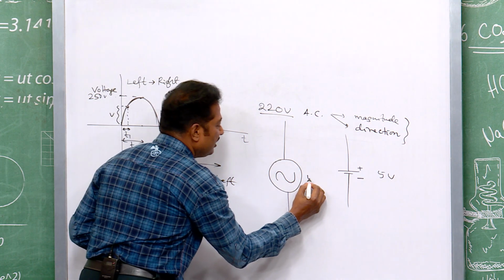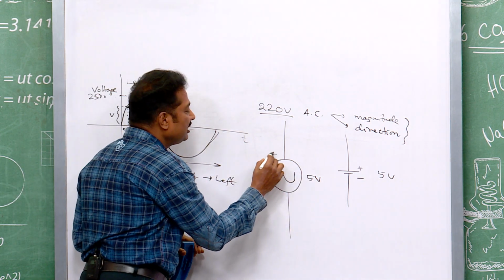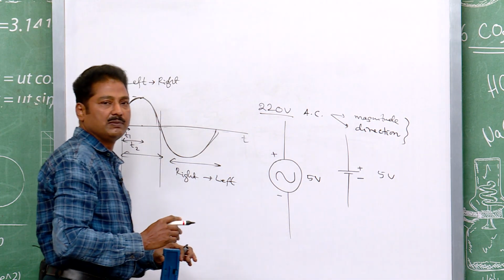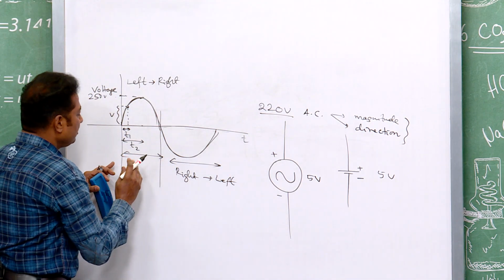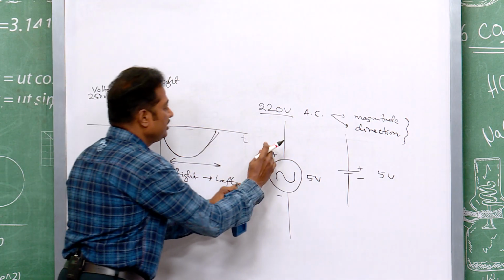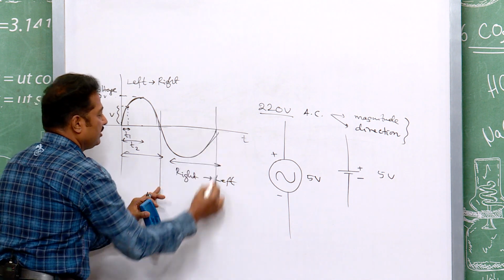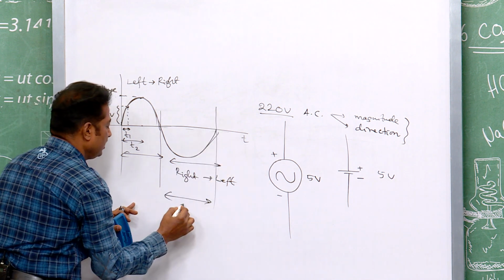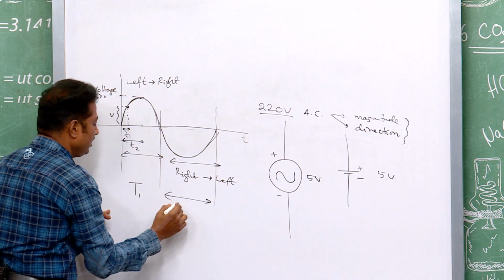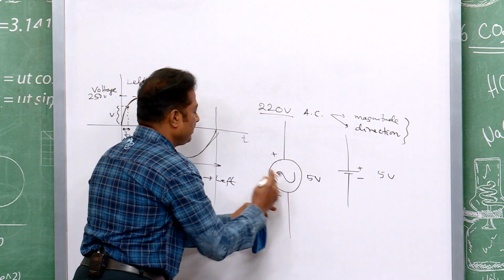But here when it is 5 volt, you cannot say it is always positive or always negative, because for this period it will be, suppose, positive and negative, then for the other half, this period, you say this is your T1, this is your T2. For T1 it will be plus, minus.